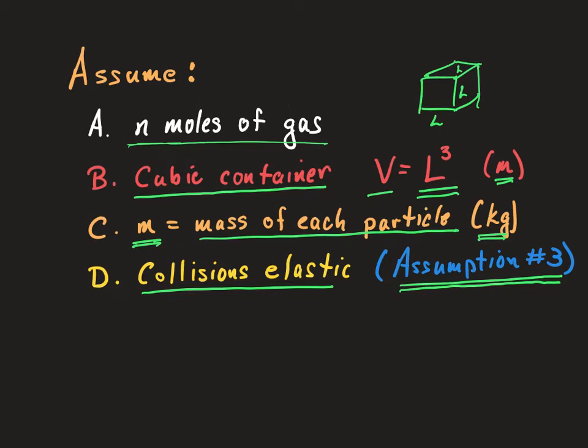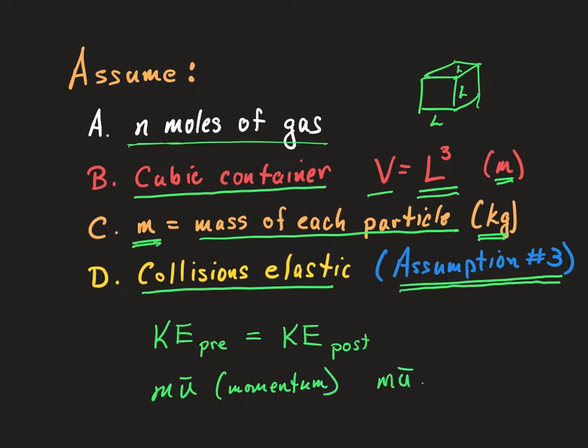And so what that means is that the kinetic energy of the particles pre-collision is equal to the kinetic energy of the particles post-collision, or the mass times velocity, which is the momentum, right? The momentum pre equals the momentum post-collision.